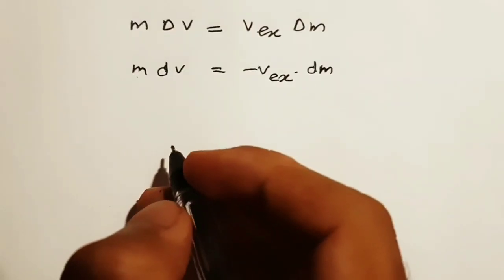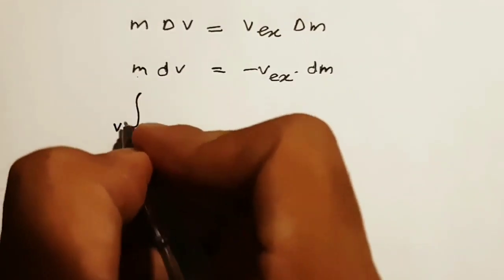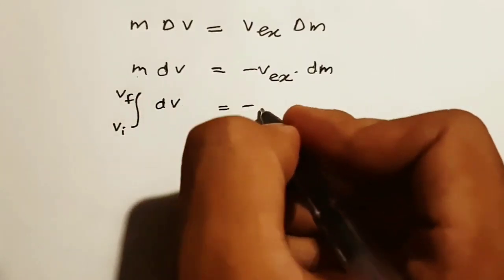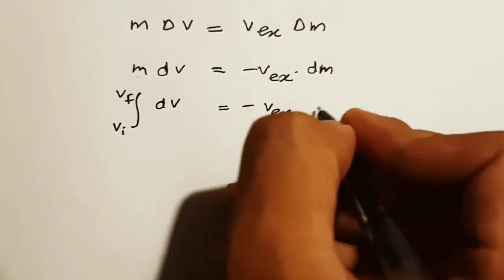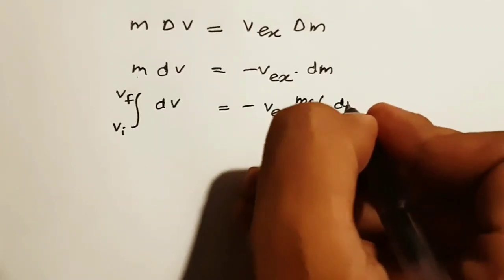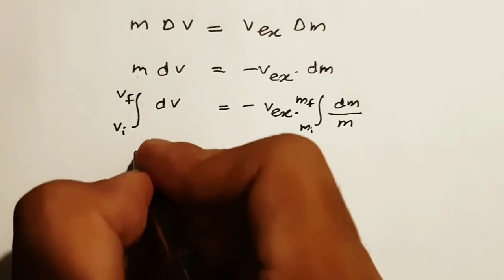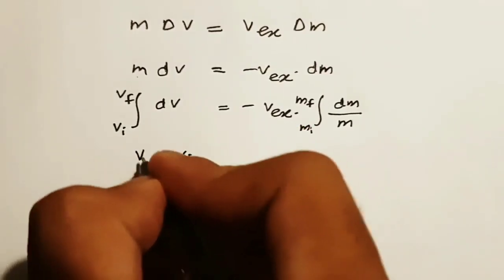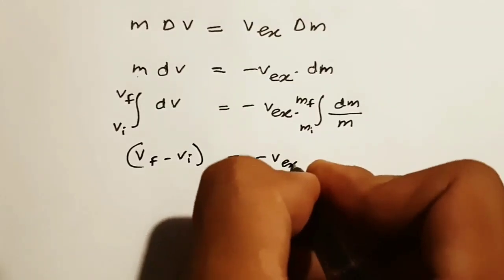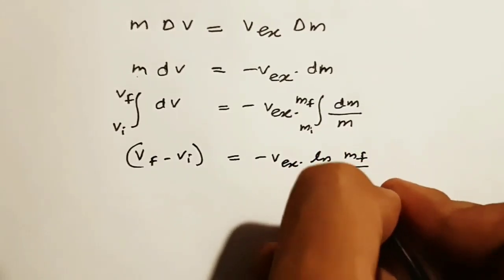When we integrate these terms, the integral from v initial to v final of dv is equal to minus v exhaust times the integral from initial mass to final mass of dm over the mass m. Now this is v final minus v initial, which is equal to minus v exhaust times ln of m final over m initial.